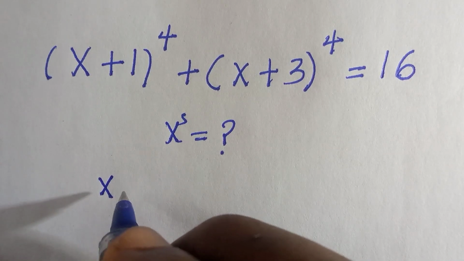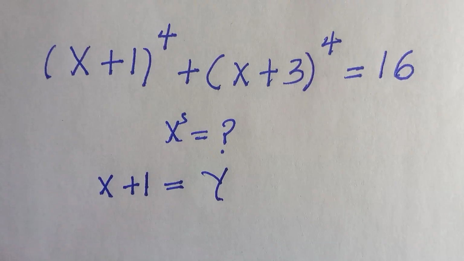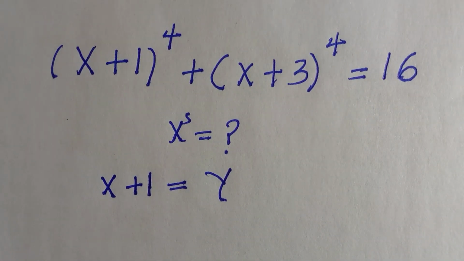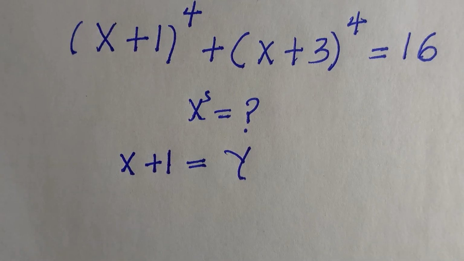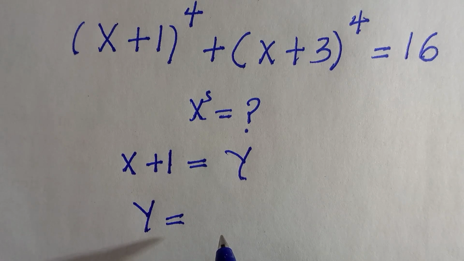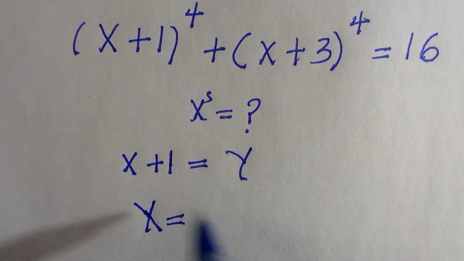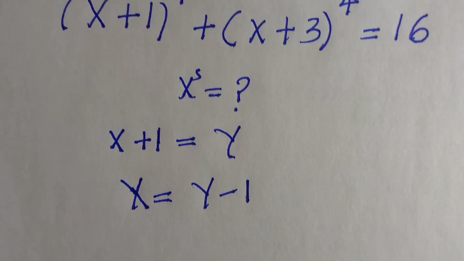If you let x + 1 equal y, this will make the equation easy, or we can still check for that. By making x the subject, we are going to have y - 1.